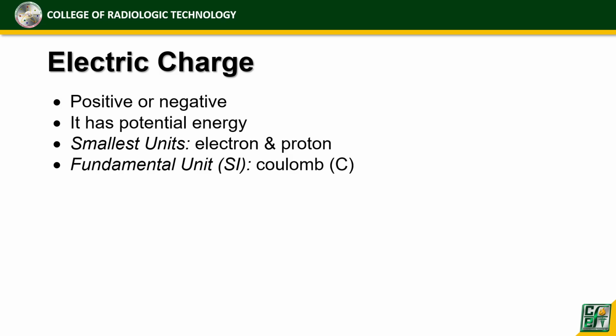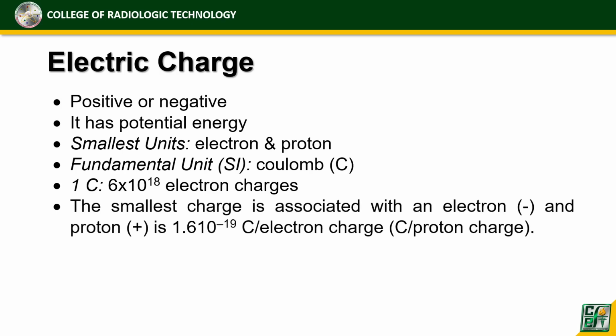And the fundamental unit or SI unit is coulomb. So 1 coulomb is equal to 6 times 10 raised to the 18th electron charges. Okay? So meaning the smallest charge is associated with an electron and a proton.